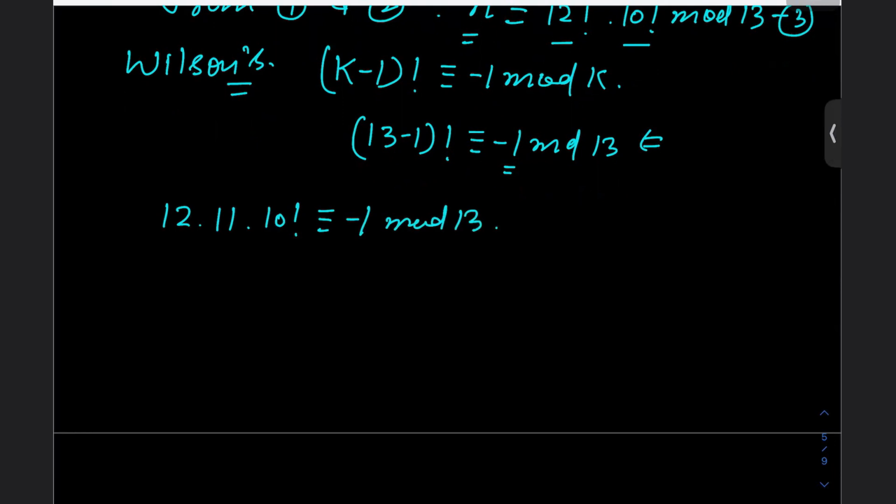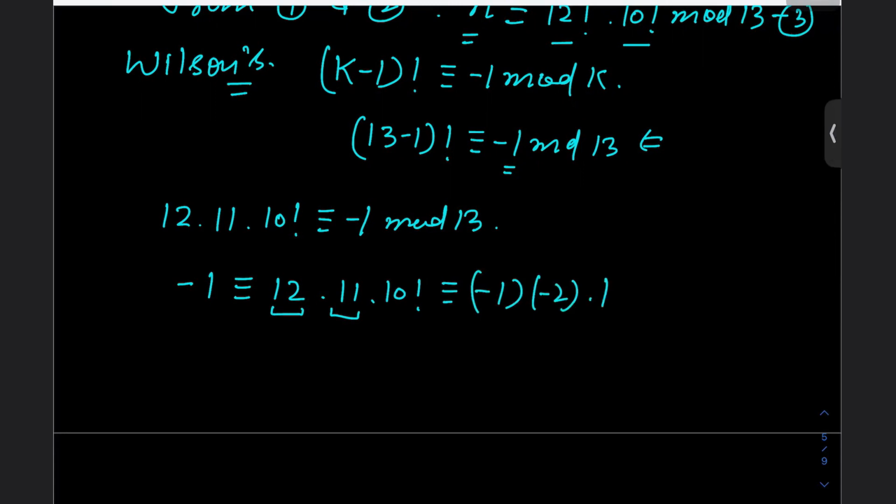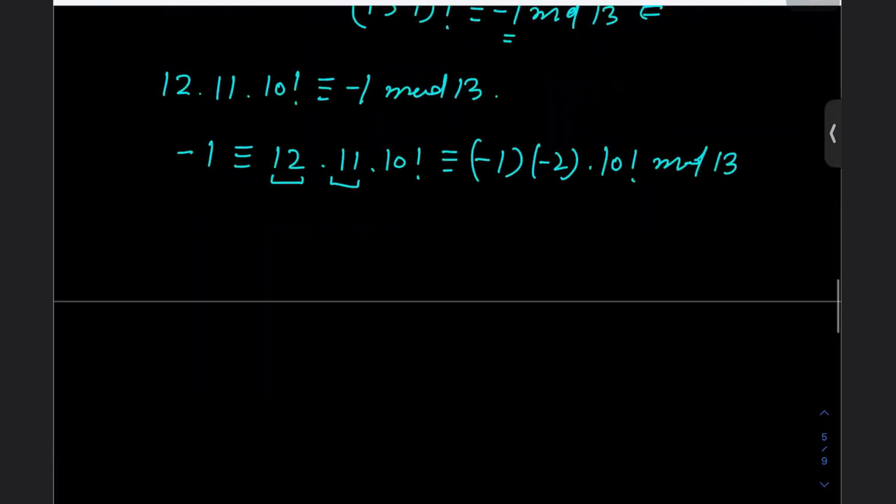Which we can write as minus 1 congruent to 12 into 11 into 10 factorial. 12 means minus 1, and 11 means minus 2. So we can write minus 1 into minus 2 into 10 factorial modulo 13. We are getting minus 1 congruent to 2 into 10 factorial modulo 13.